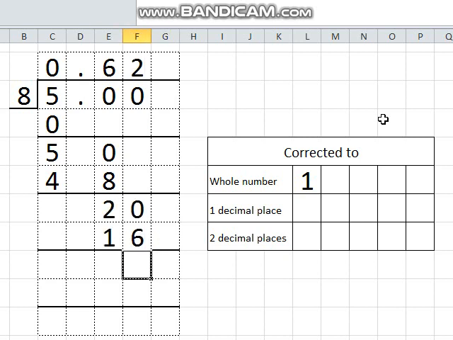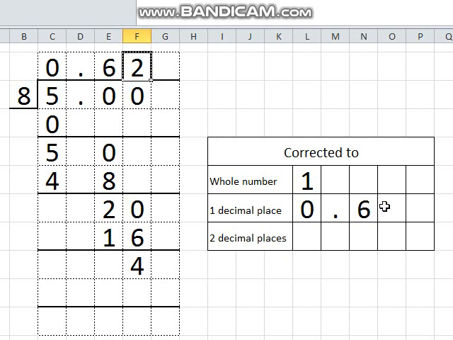Then you minus, you get the 4, and then you see 0.62. This has 2 decimal places. When you correct to 1 decimal place, it will become 0.6, because the last digit 2 is smaller than 5.